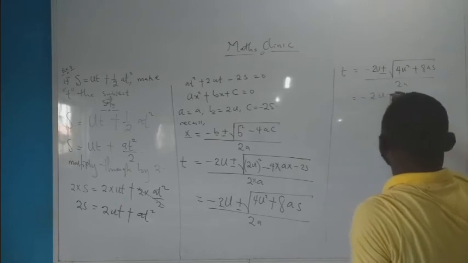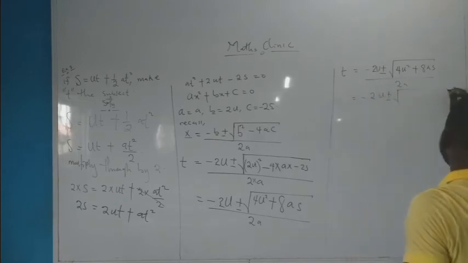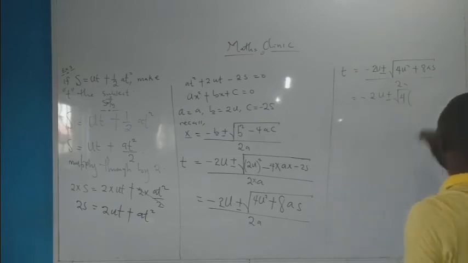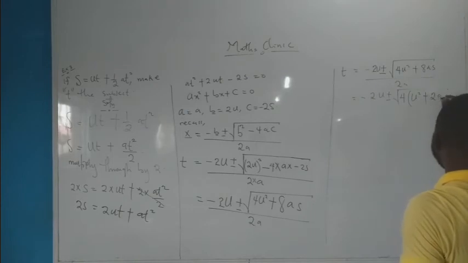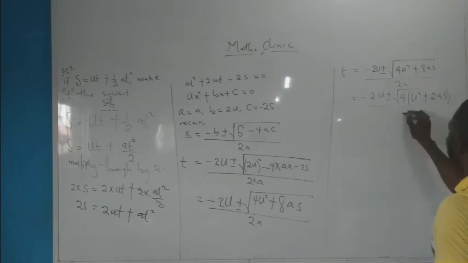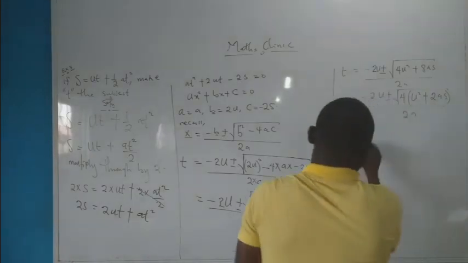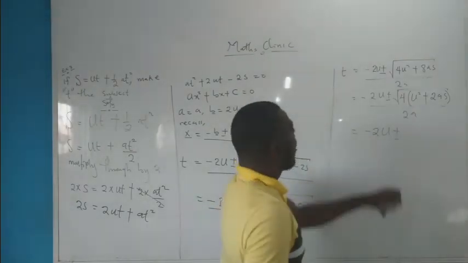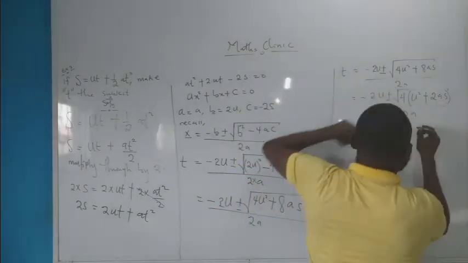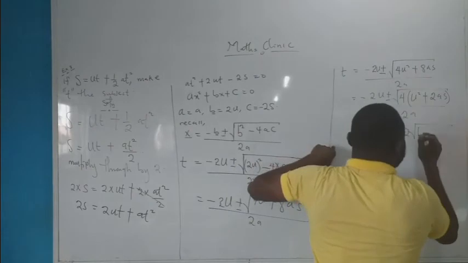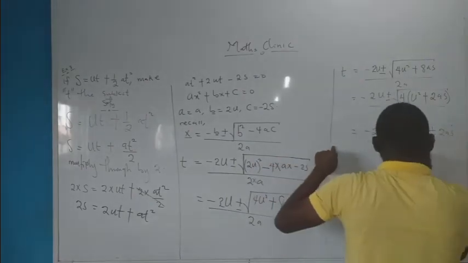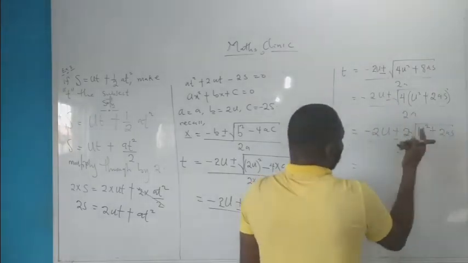Minus 2u plus or minus square root of, what is common there? 4 is common, into bracket u squared plus 2ax. Everything over 2a. So this will be equal to minus 2u plus or minus square root of 4, 2, 2 root u squared plus 2ax, everything upon 2a. What is common there?